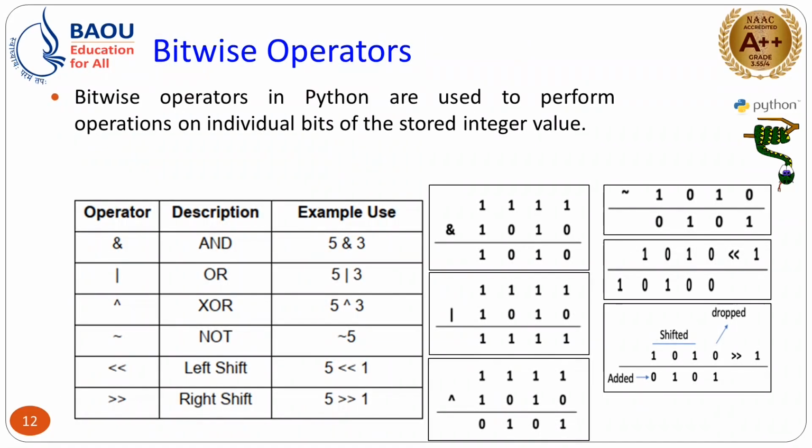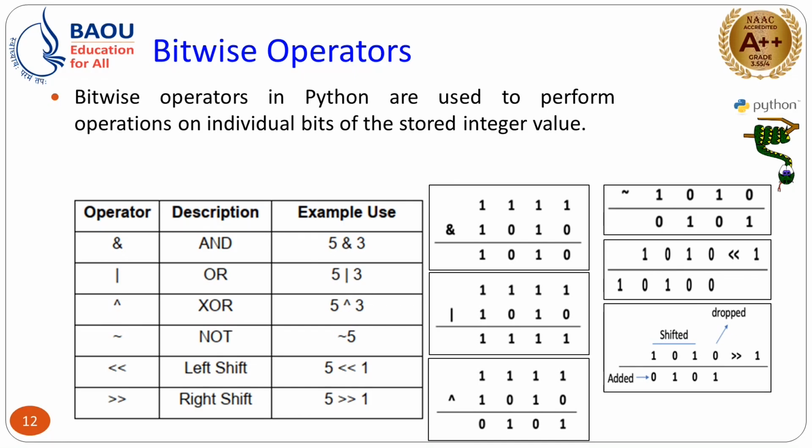Now the next operator, that is the bitwise operator. Here you have to keep one thing in mind. Normally, the operators we have seen previously were all used with decimal values. Now the bitwise operator deals with each and every individual bit.